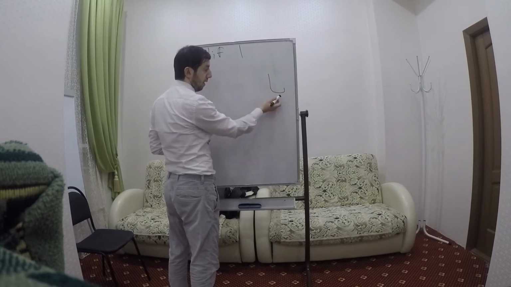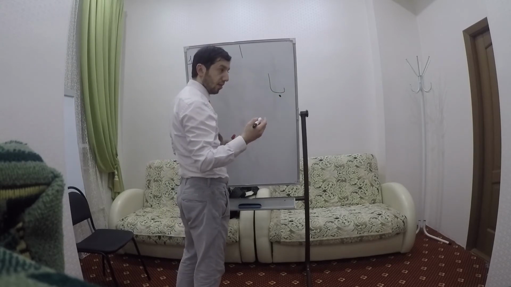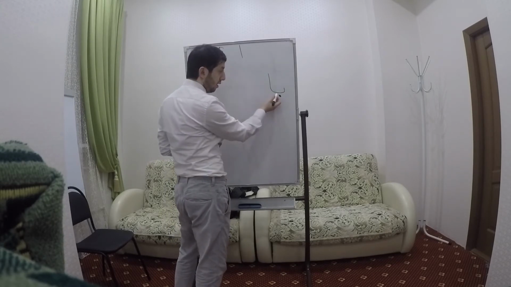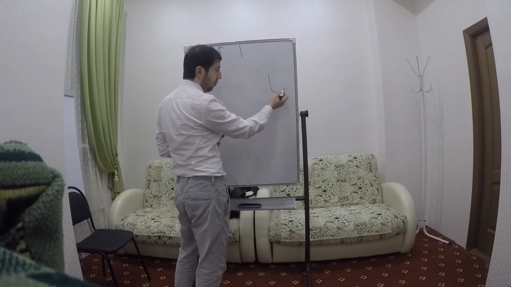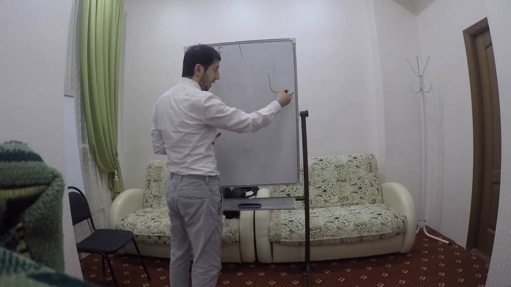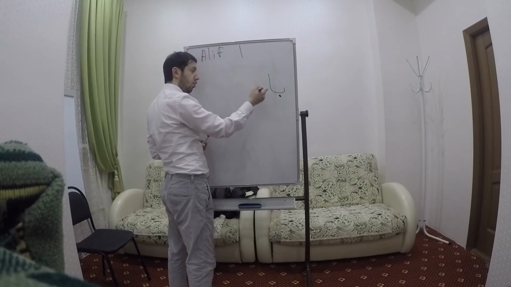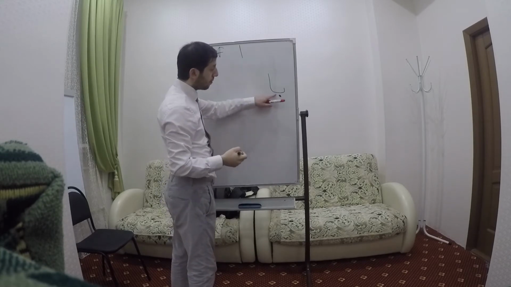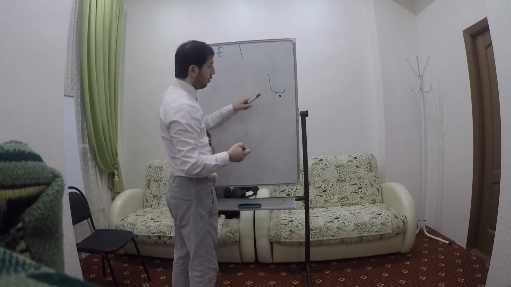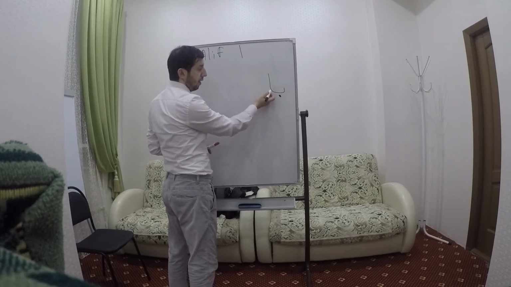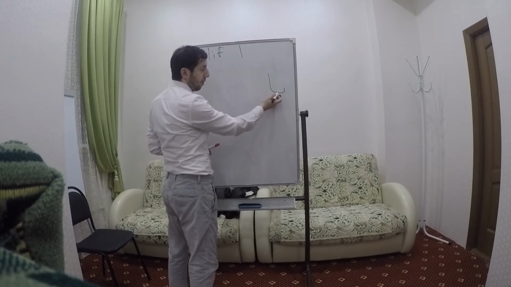As we see, B is before alif, not after alif, because we write from right to left. So as you see, alif is linked with ba here.